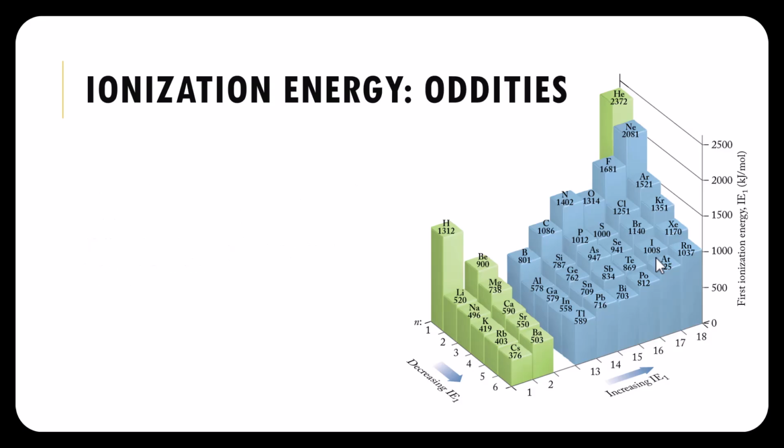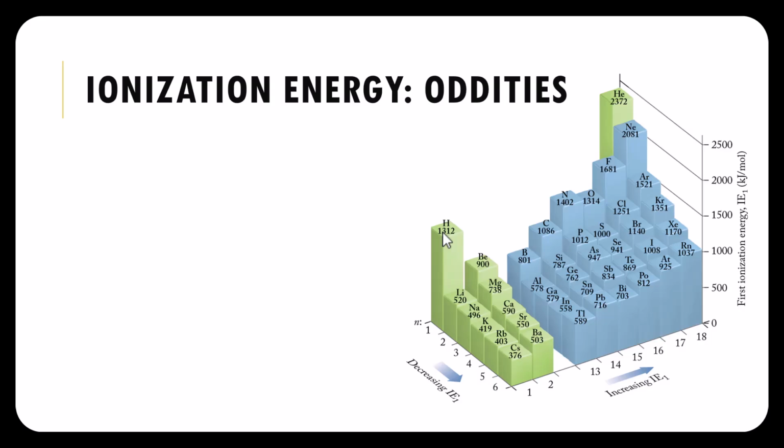There's some kind of interesting oddities on this periodic table. So number 1, we see hydrogen here, right? So like kind of low, kind of low, kind of low. Holy moly, that's huge, right? So let's think about hydrogen. How many electrons does hydrogen have? He's got 1. Only 1 electron, right?